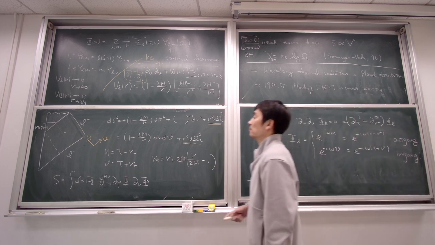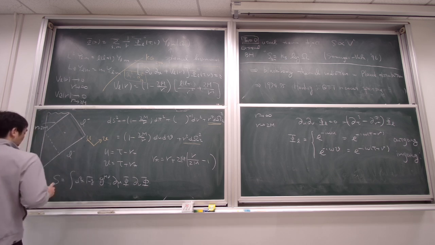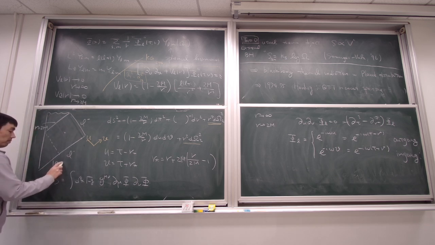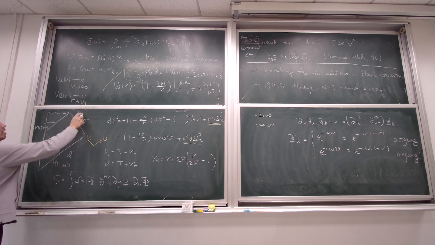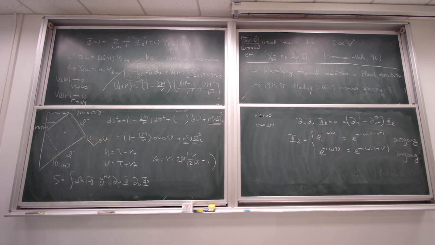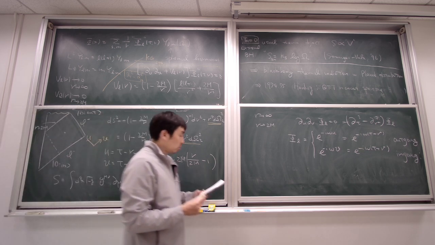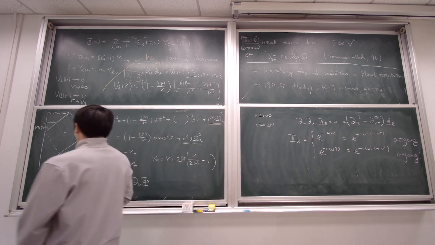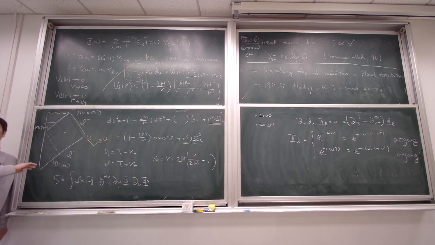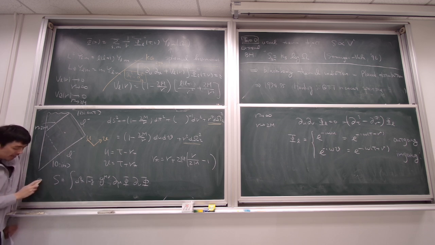Fine. Then we can just have the in vacuum and the out vacuum. And we just want to compare between these two. To define the in vacuum, again, we do the mode expansion of the Klein-Gordon field around here, and find the A, such that A acts on 0 in equal to 0.